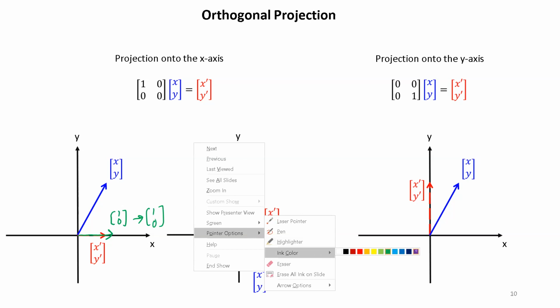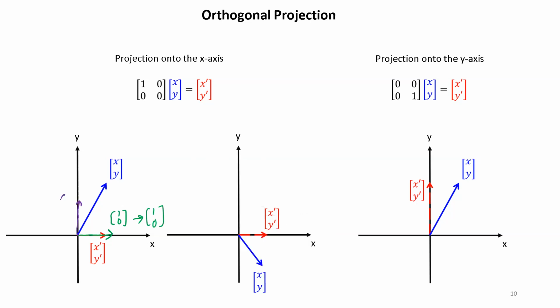On the other hand, how does this 0, 1 transform? After transformation, it just becomes a point here. The y component has to vanish, but it does not have any x component to start with, so it gives 0, 0. That's why your projection matrix onto the x-axis is given by 1, 0 and 0, 0. Similarly, the projection onto the y-axis is 0, 0 and 0, 1.